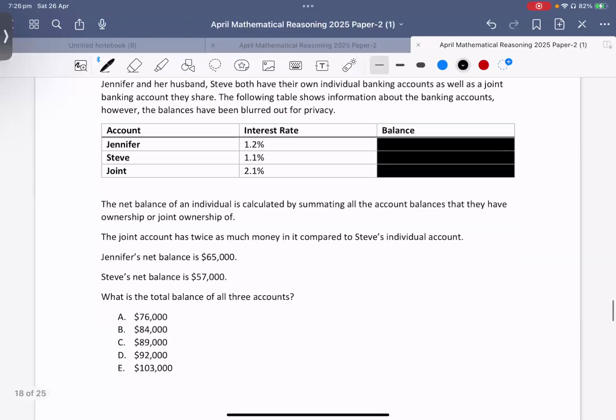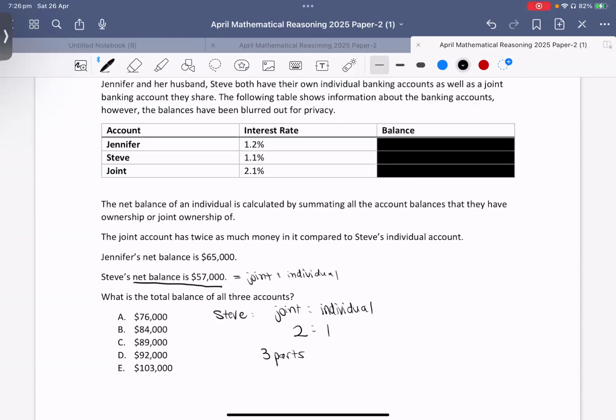Okay, so we're looking at Steve. Steve is who's of interest to us right now, right? So we know that for Steve, the joint account ratio to his individual account should have twice as much money in it, right? And we know that net balance here means joint plus individual, right? So what do you see here? Something with a ratio, something with a total. That means we're probably interested in the total number of parts.